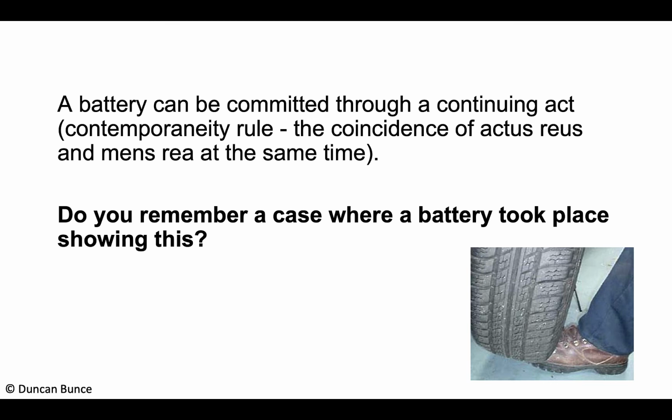Do you remember a case where a battery took place showing this? And the case you should be thinking of is Fagan, the case in which the police officer asked the defendant in his car to pull over. The defendant accidentally parked his car on top of the police officer's foot. The police officer screamed out in pain, told him to get off of his foot, and then, realizing his mistake, the defendant said quite calmly, "You can wait."